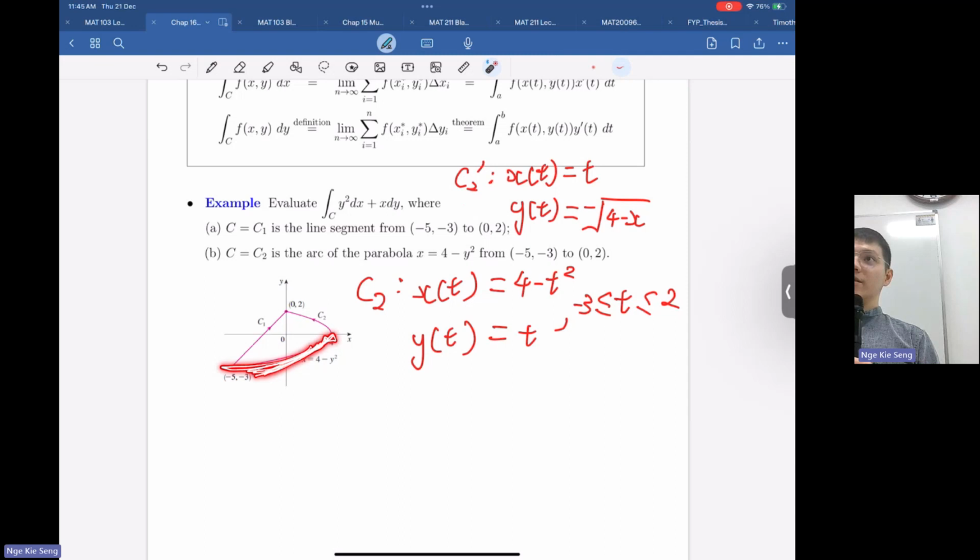Yeah, bottom part only. So you need to take two parts actually. Split into two parts.